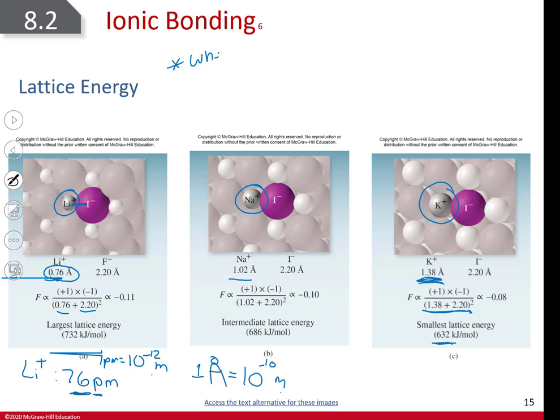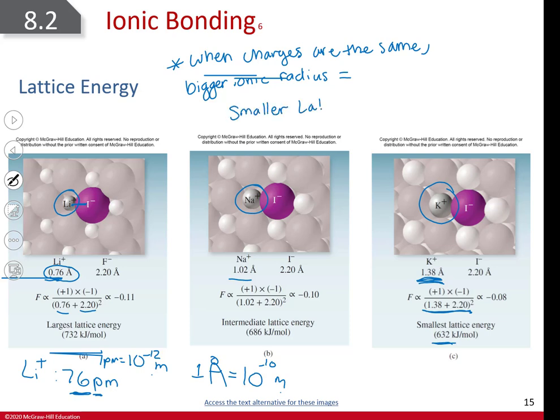So when charges are the same, bigger ionic radius equals smaller lattice energy. When the charges are different, then whichever one has the bigger charge has the bigger lattice energy.